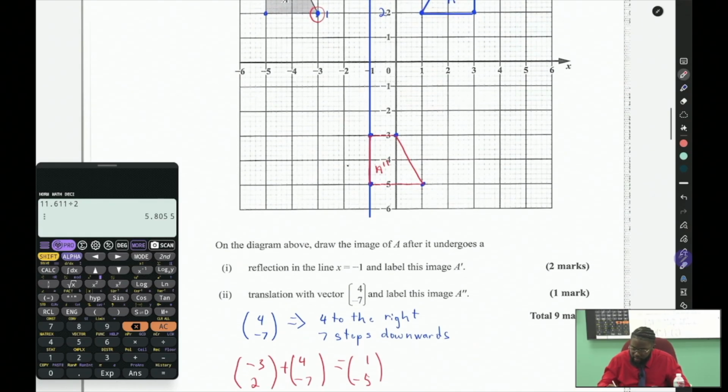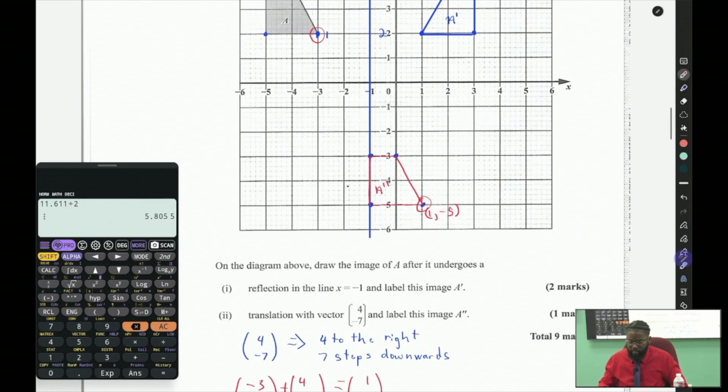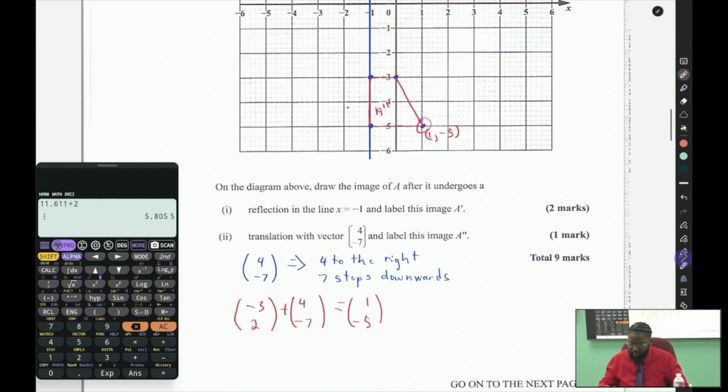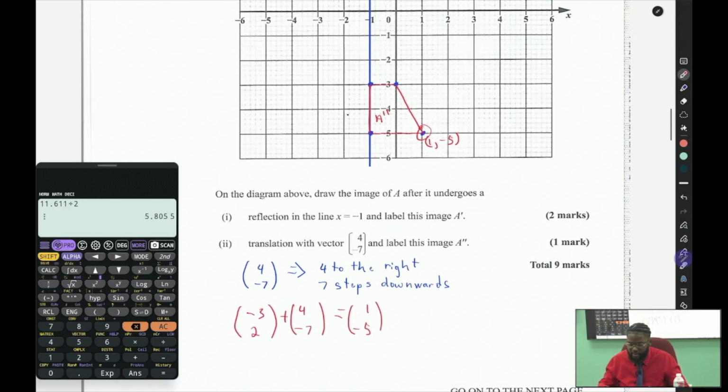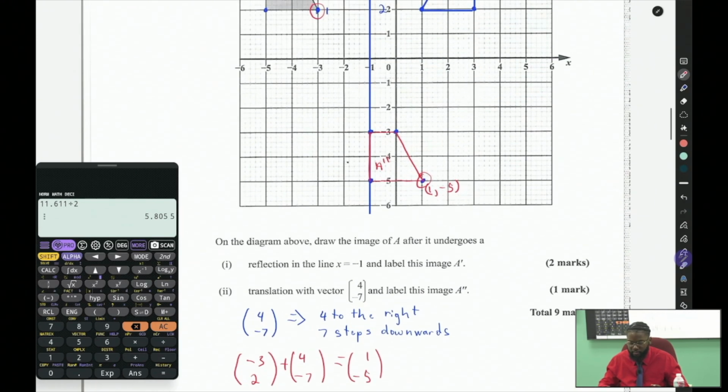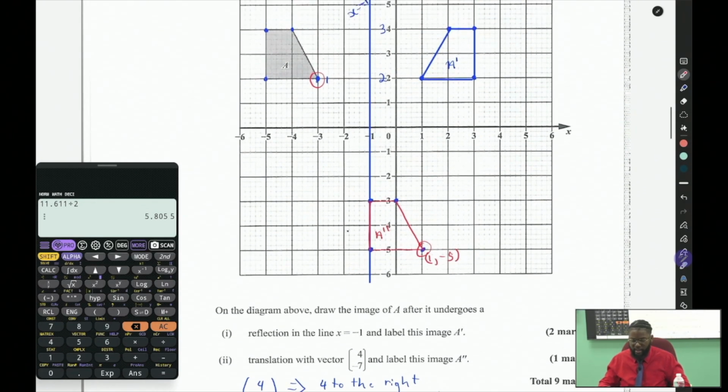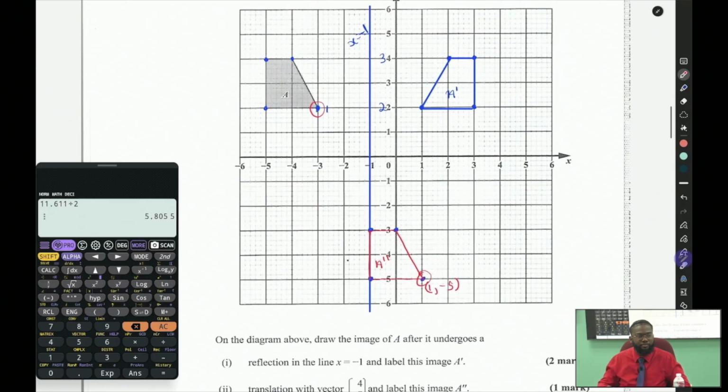And if you check, that is actually our first point, (1, -5). So it's up to you if you want to do it that way, whichever way is comfortable for you. Are there any questions at this time?